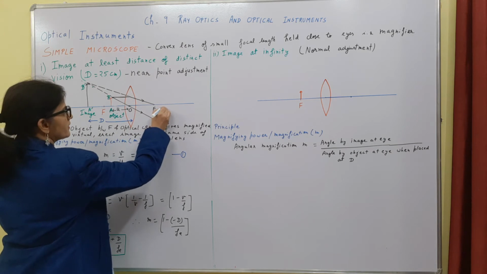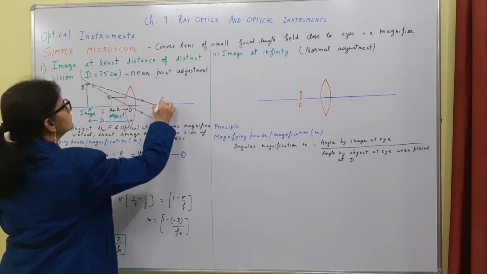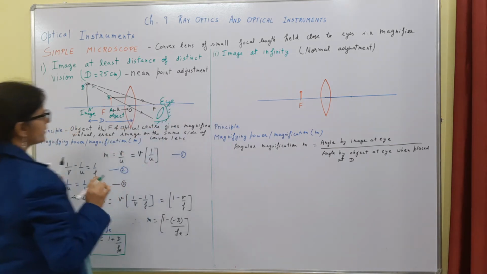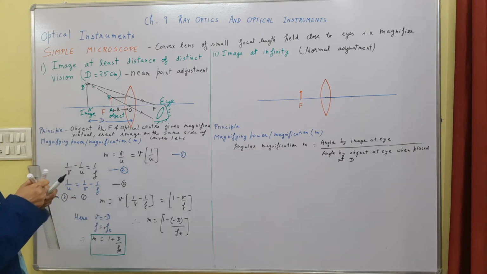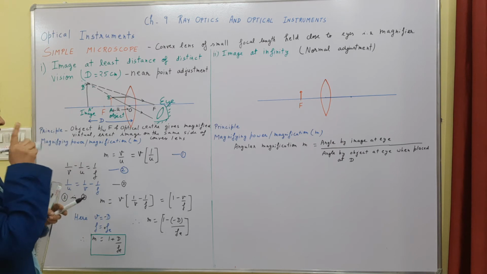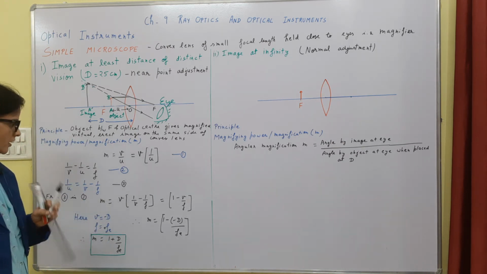Our eyes are here, so that's why this is called the eyepiece. Fe is the focal length of the lens which is near the eyes. So this is D upon Fe, or simply D upon f.